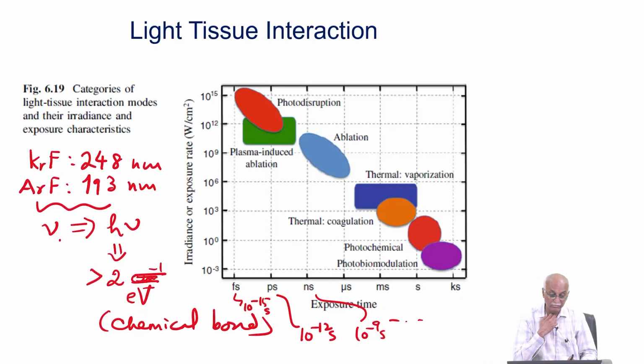So here, this x axis is the optical laser exposure time. It can be a continuous wave laser, it can be a pulsed laser, and depending upon the pulse width etc., the intensity will be different, and this is the irradiance, or intensity, of the laser pulse.